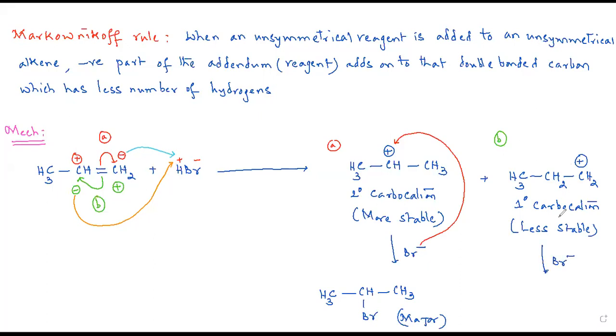Add Br minus. Then we get this product, which is minor. So this is the mechanism of electrophilic addition. It is going via a more stable carbocation.